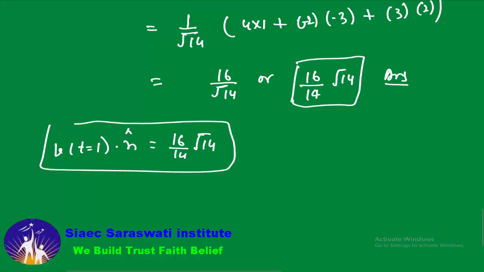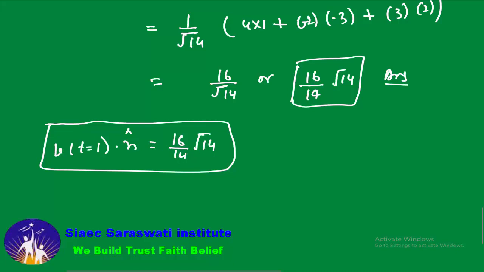Now you may be confused about why we use this root. To rationalize this answer, we multiply numerator and denominator by root 14. So root to root will cancel out, and we get this particular answer. Now next we have to find the acceleration component.